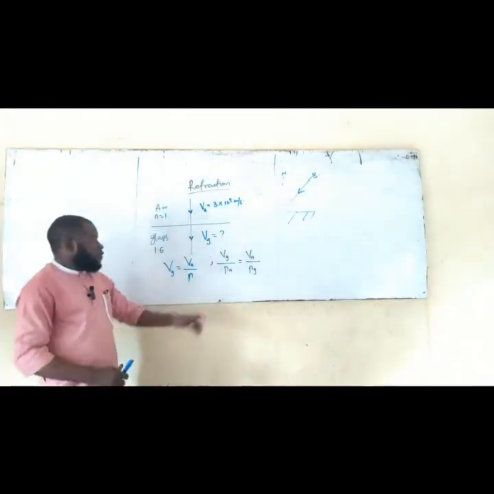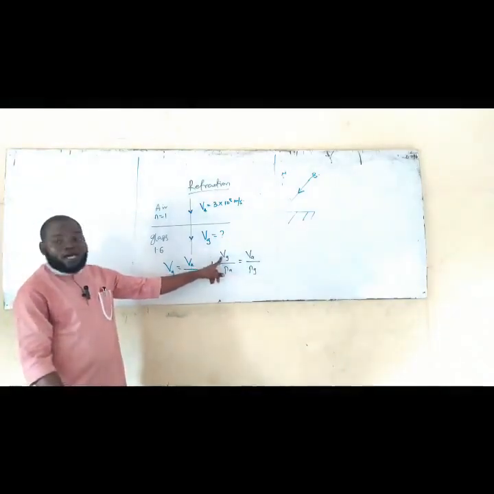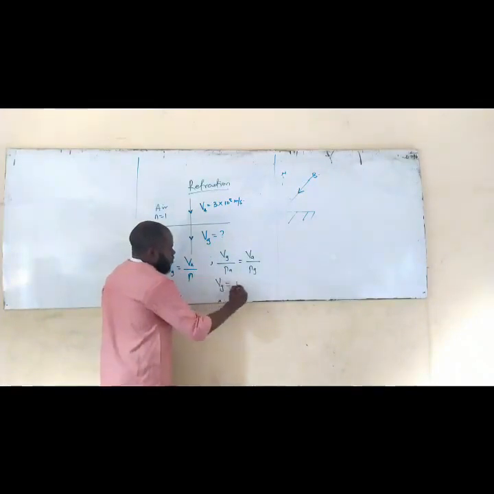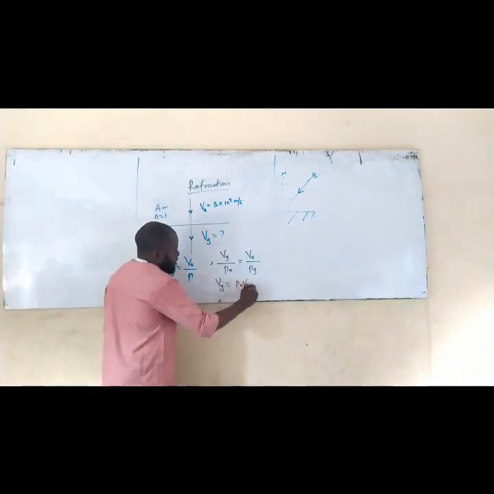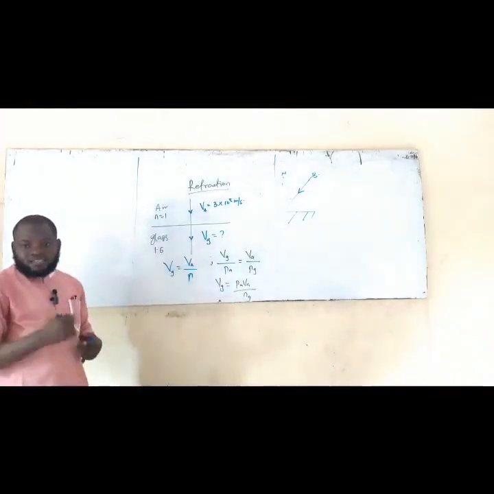So if I'm now looking for the velocity of light in glass, my result will be Vg equals NA times VA divided by Ng. Do you understand this now?